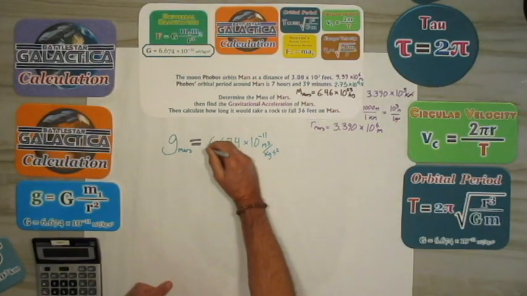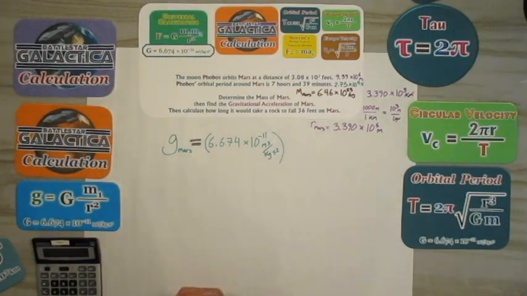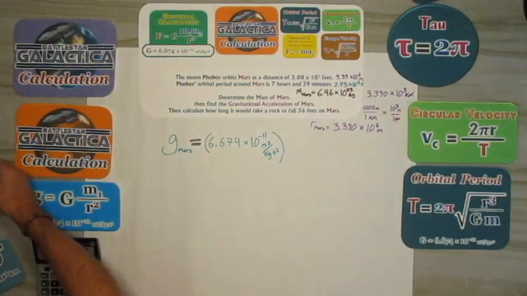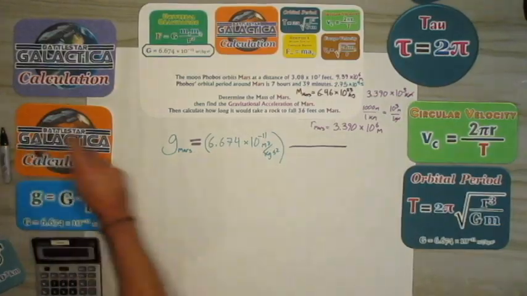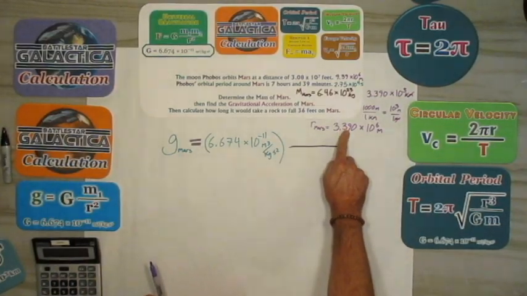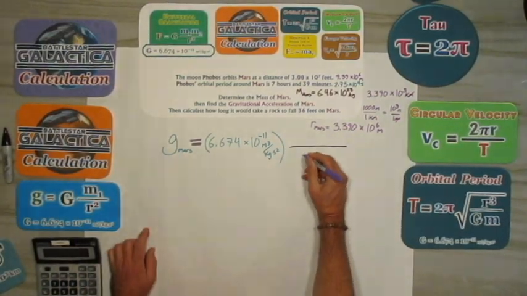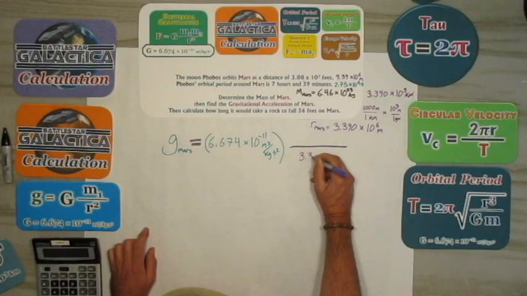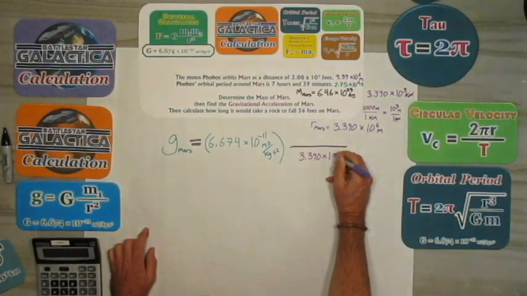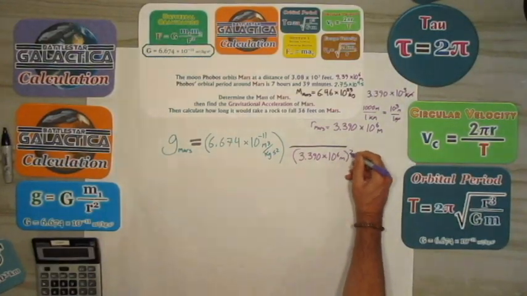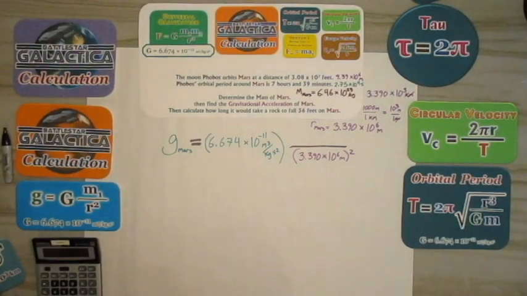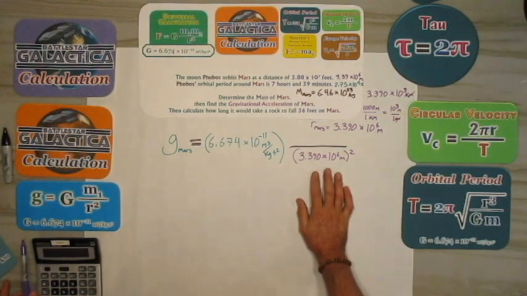Okay, so that's the G part. And then I've got my little fraction bar here, and on the bottom I have this. So why don't I just go ahead and write that? 3.390 times 10 to the sixth meters. Oh yeah, but look, squared. It's another example of the inverse square law.